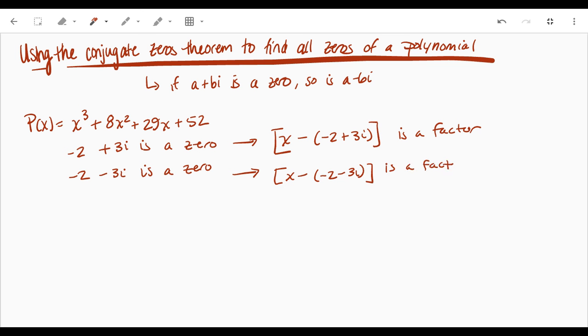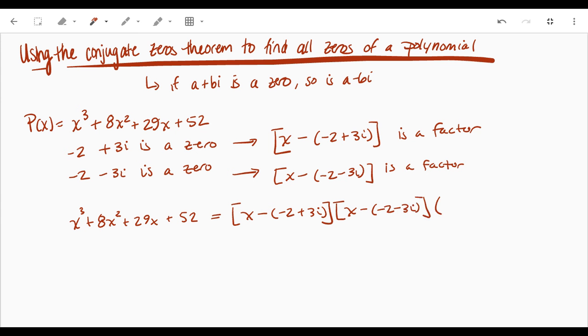So we know that our expression x cubed plus 8x squared plus 29x plus 52 can be written as x minus negative 2 plus 3i times x minus negative 2 minus 3i times another factor, okay?